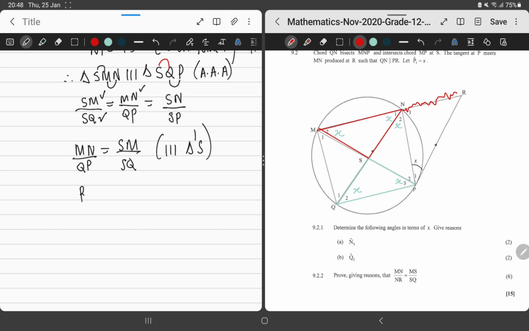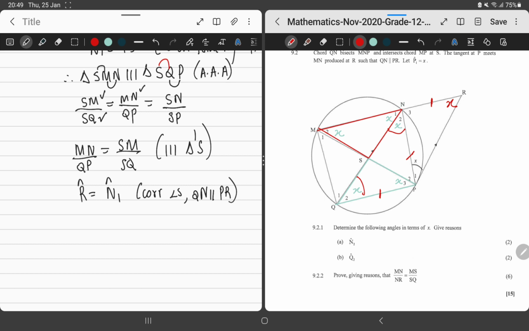So R is equal to N1, and this is because of corresponding angles, because I have QN parallel to PR. So now I know that this side is equal to that because this is equal to X. So QP is equal to NP because this is equal to X as well, opposite sides equal to angles.